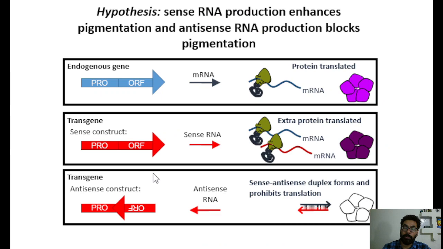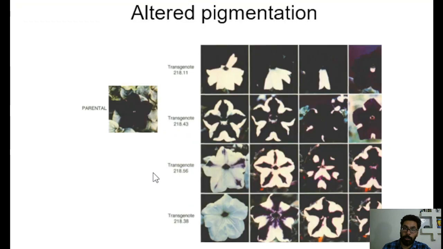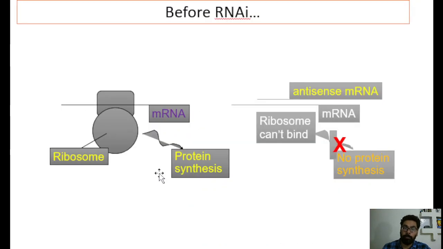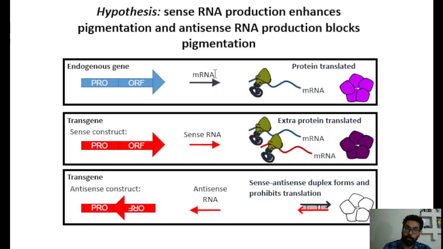It was happening because before the RNAi was known, the simple way of expression was: if mRNA is attached to the ribosome, the protein synthesis will take place, and if there is no mRNA available for attaching to the ribosome, there will be no protein synthesis.